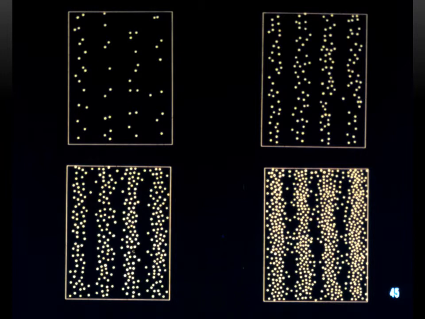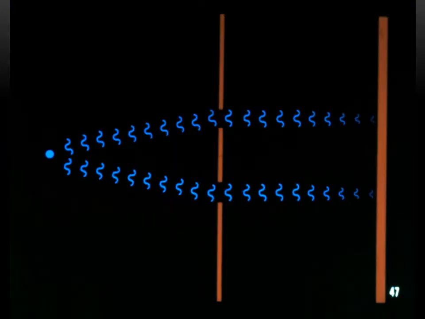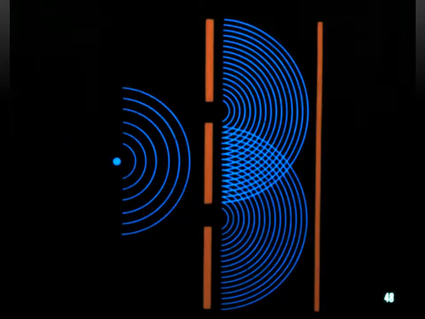The question comes up, what is the electron interfering with? One unsatisfying choice is to think of the electrons as particles which somehow know how to guide themselves to form an interference pattern. Another choice, equally unsatisfying, is to think of the electrons as waves which somehow contract to a point on impact.